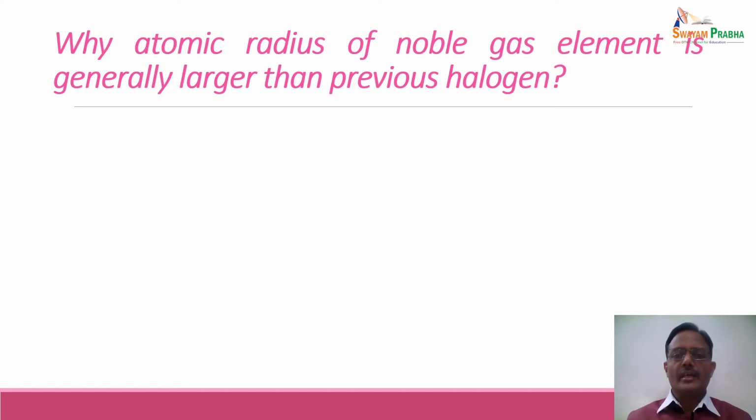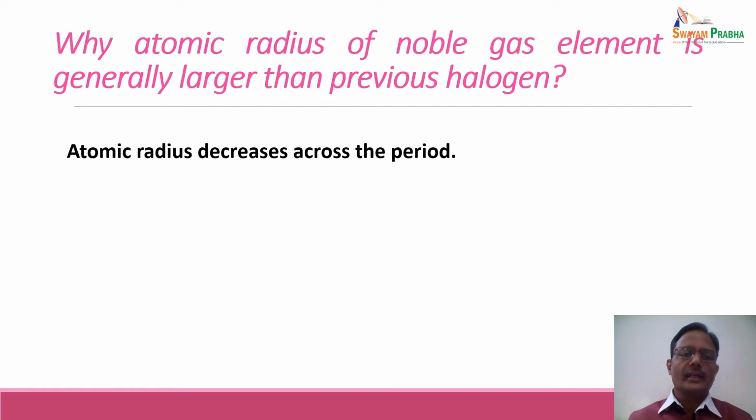Why is the atomic radius of a noble gas element generally larger than the previous halogen atom? Now we know that noble gas elements are present on the extreme right corner of the periodic table, while halogens are just previous to them.